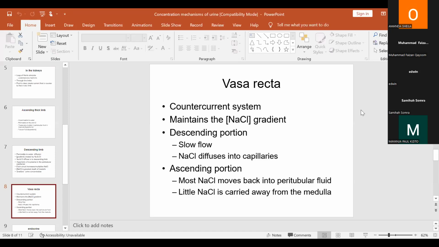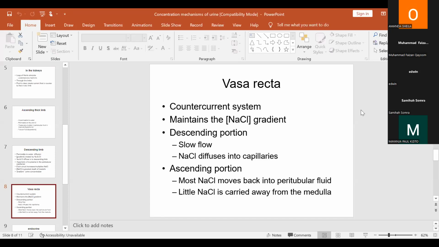You have arterioles, then a tuft of capillaries, and you end up with efferent arterioles. These efferent arterioles break into vasa recti in the long juxtamedullary nephrons. These vasa recti descend and ascend along the loop of Henle.